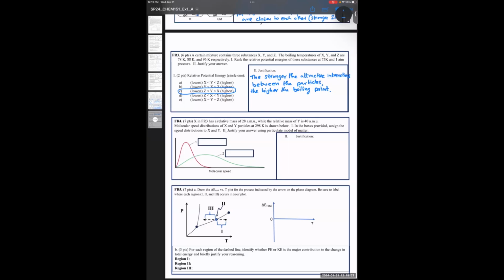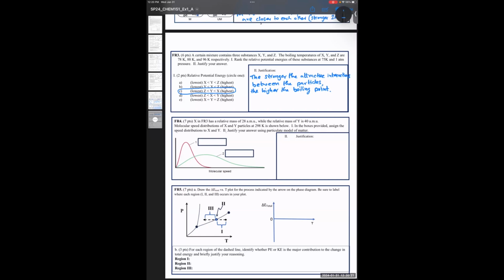Now this means the substance with the highest boiling point has the strongest attractive interactions. Okay, so we have that, and then the other thing is the boiling point. Let me see, the stronger the attractive interactions between the particles, the higher the boiling point. I mean, students can approach this in other ways.